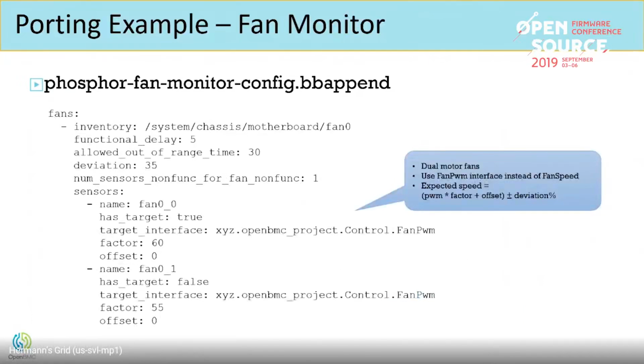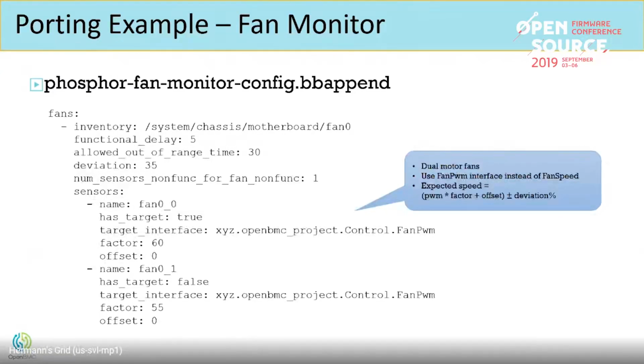And fan monitor. Fan monitor is to monitor if the fan speed is within the expected range. So we need to specify some attributes, like if the fan has a target. If a fan has no target, the service will just ignore this fan's speed. And if it's true, the fan monitor service will calculate based on this.